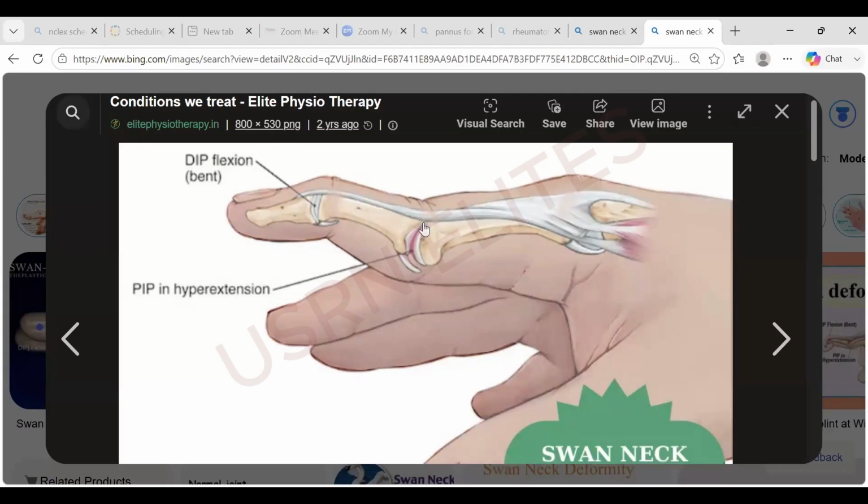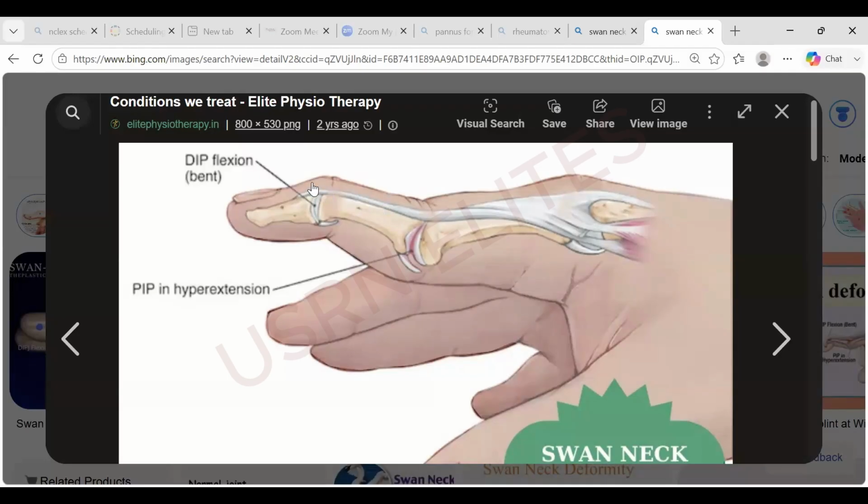And the proximal is what? Extended. It goes deep inside. The distal is flexed and the proximal is hyperextended. That is what we call swan neck deformity. It happens in rheumatoid arthritis.